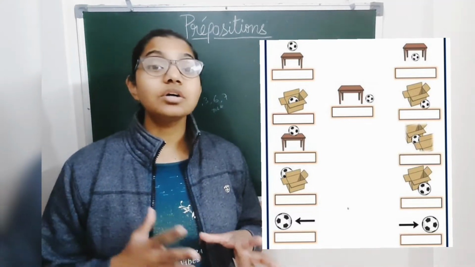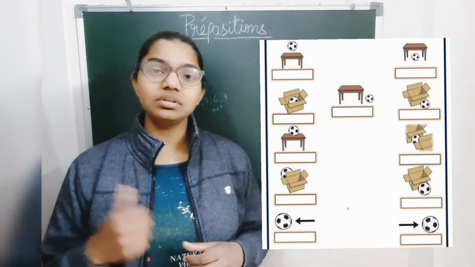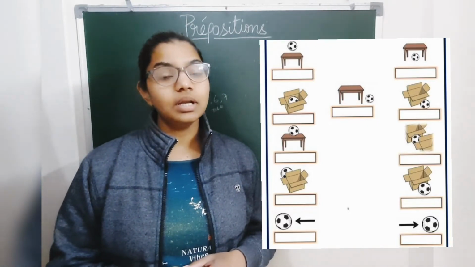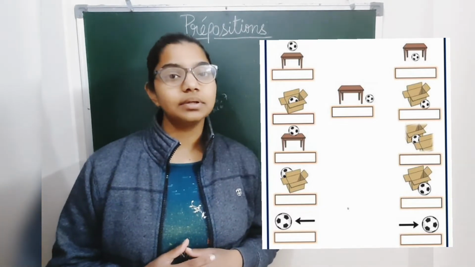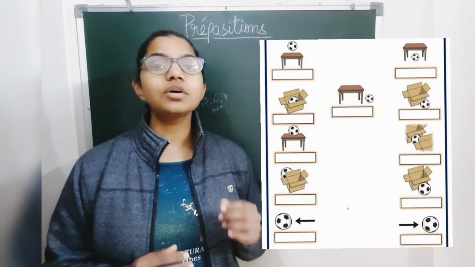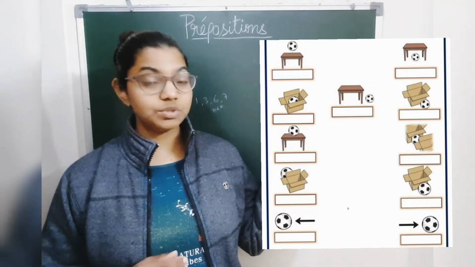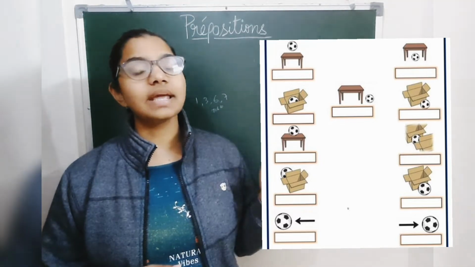That means à gauche de, to the left. Now number 6, la balle est à côté de la table, which means next to the table.